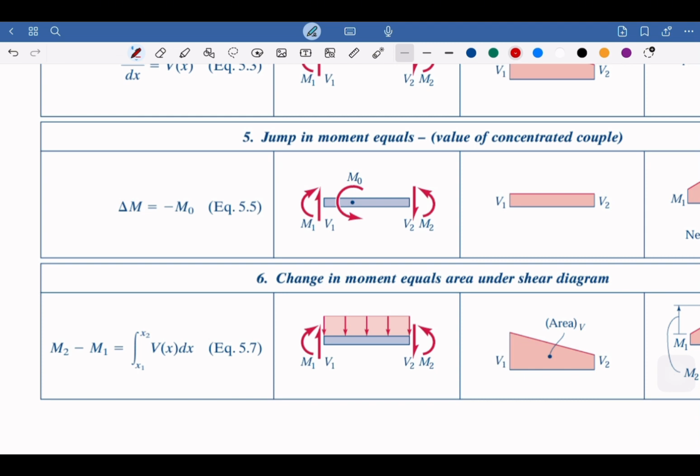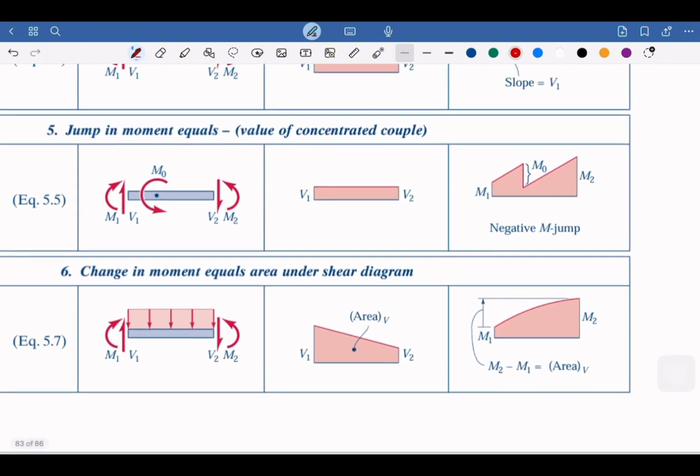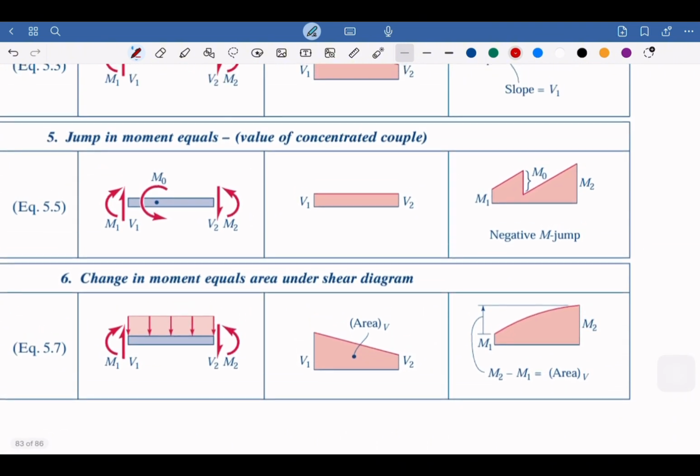So we could get this V from the linear equations, and then the area of this will be equal to the difference in the moment. So M2 minus M1 is equal to the V area, and this positive area results in a positive slope here. So basically, these two can be related through derivative and integration.